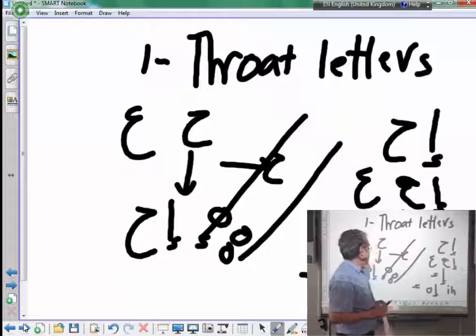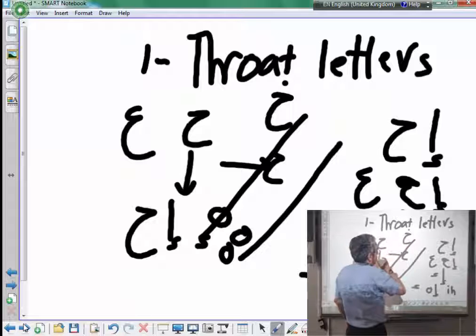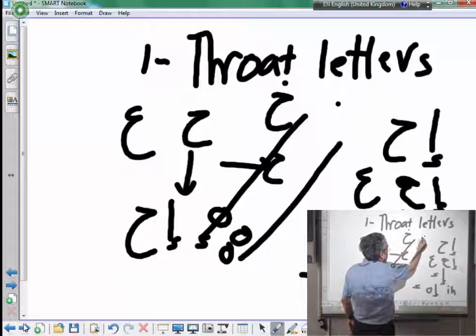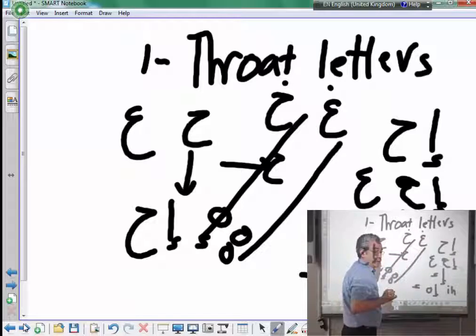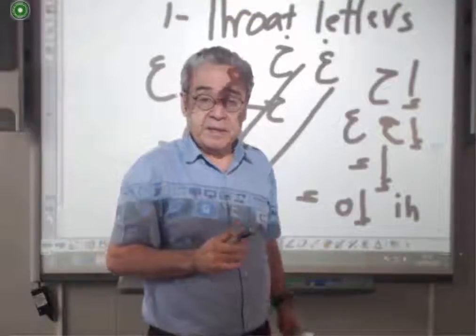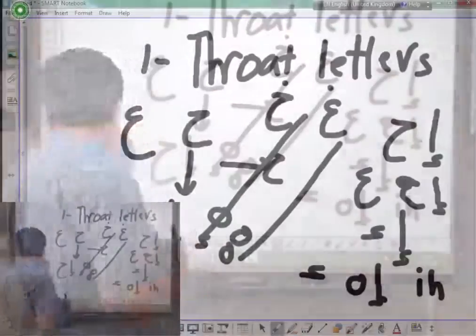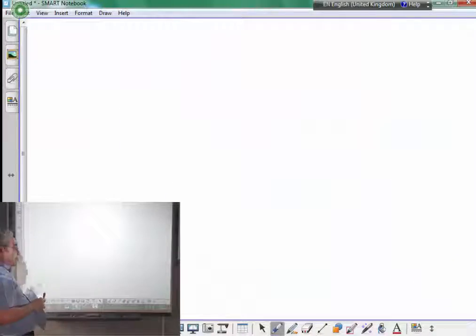And at the top of the throat, we have another two letters, which are Kha and Ghain. Say it. Kha, Ghain. So let us pronounce it in a different way.